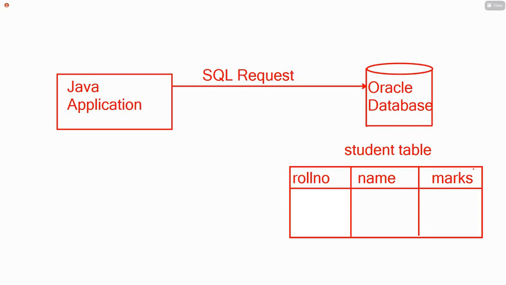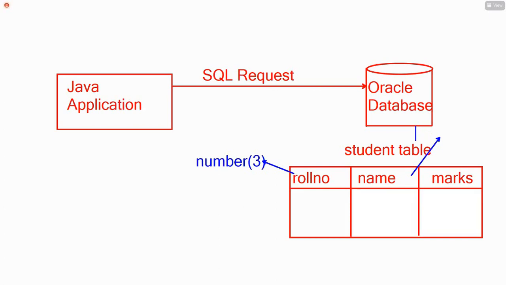For this roll number, we have to select which data type is required. That is an Oracle data type. Number. Suppose the roll number type is number. How many digits are required? Suppose 3 digits maximum.